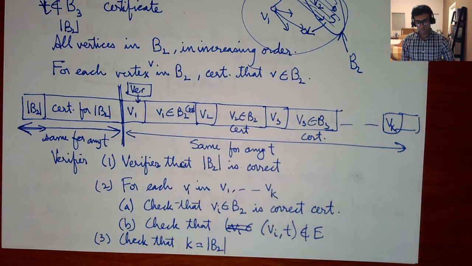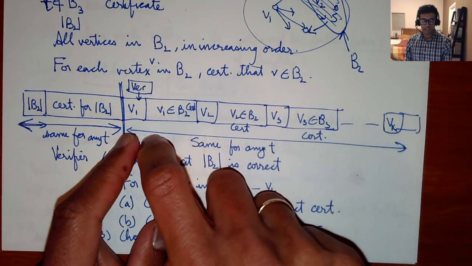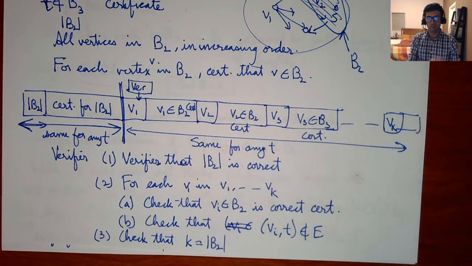So I'm thinking that argument would be that the machine could non-deterministically prove these facts to itself. Exactly. You can think of it as the machine non-deterministically guesses B2, and then non-deterministically guesses all the vertices in B2, and then for each vertex non-deterministically guesses the path.